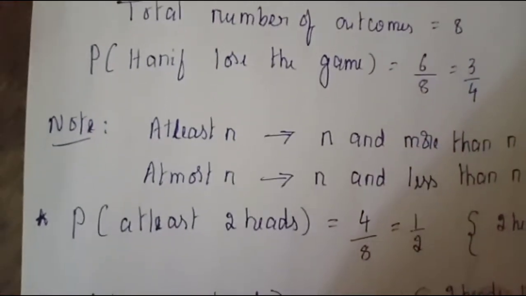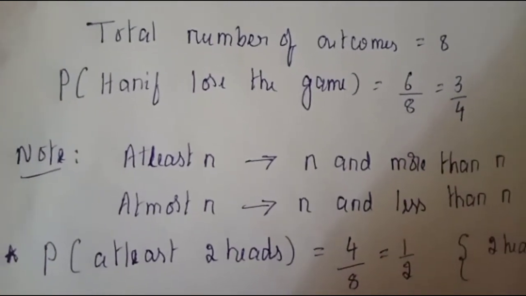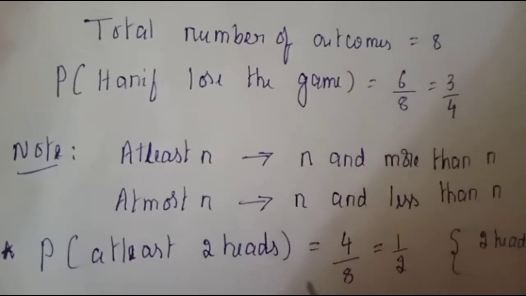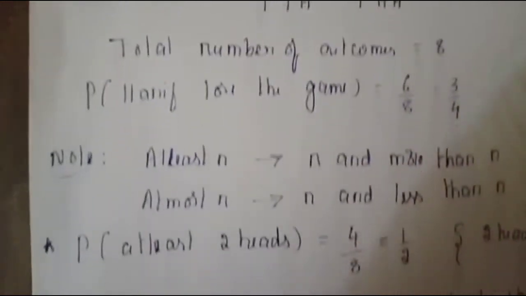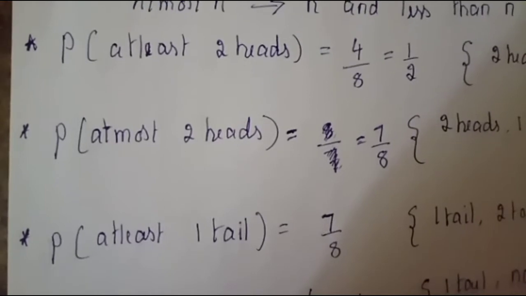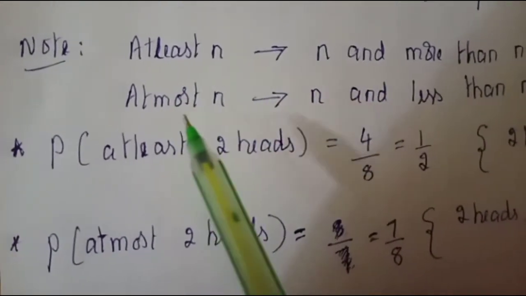And now I added some extra questions under the concept of 3 coins. That is 3 coins tossed at a time or 1 coin tossed thrice. So same number of outcomes, 8, but I have added some new concepts which are very important for your board exam. That is the concept of at least n, at most n.